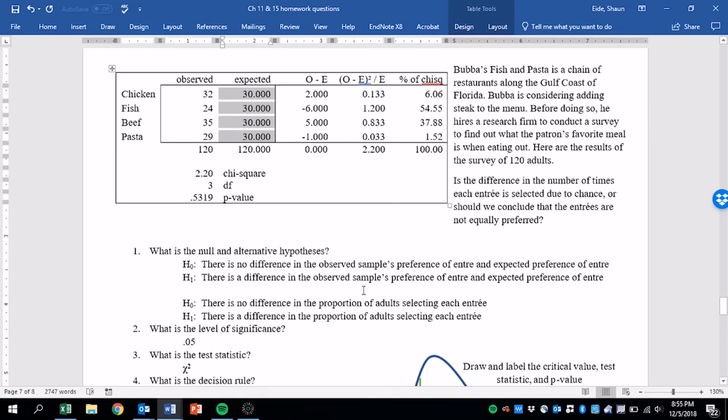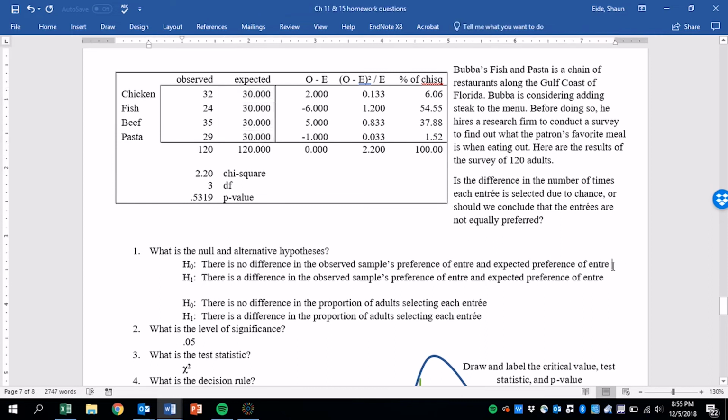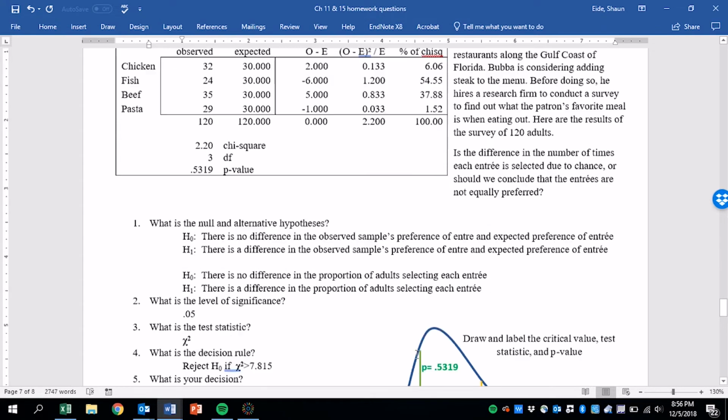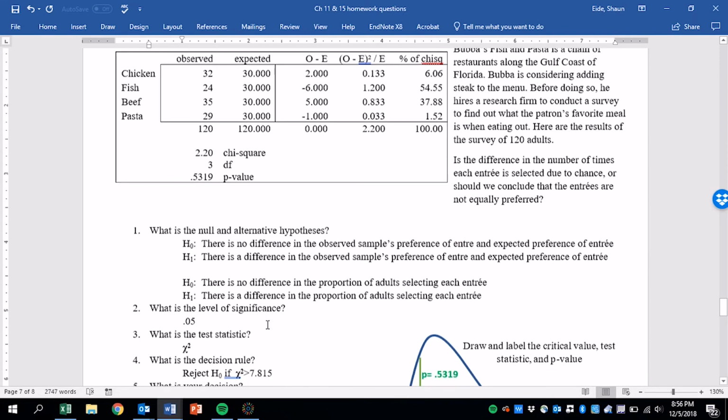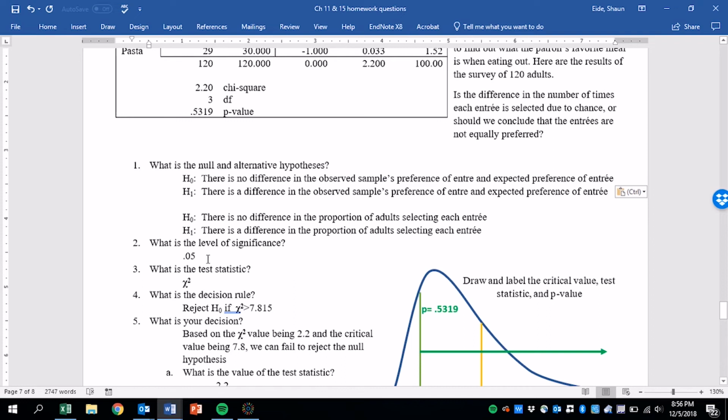Okay, and let's do this. I don't know how to do the little accent mark, so that's why. There we go. So what is the level of significance? I didn't put it up here, so I just put 0.05.